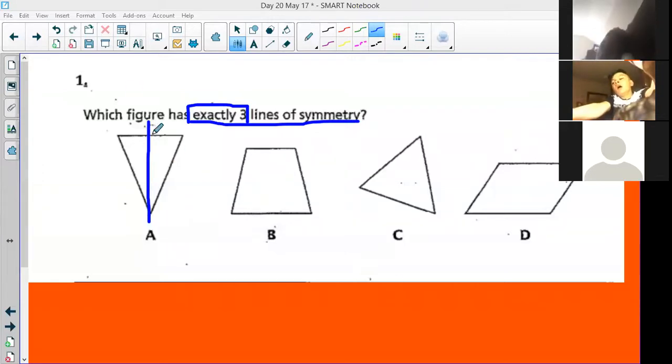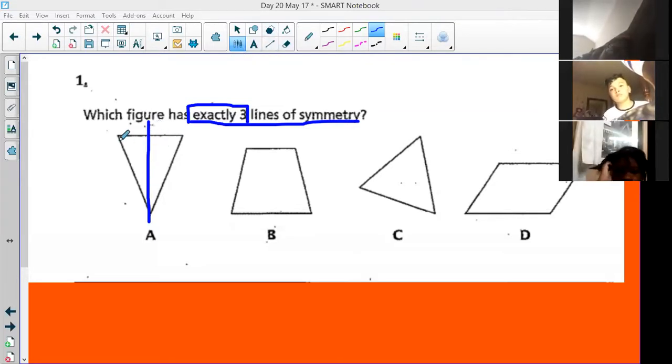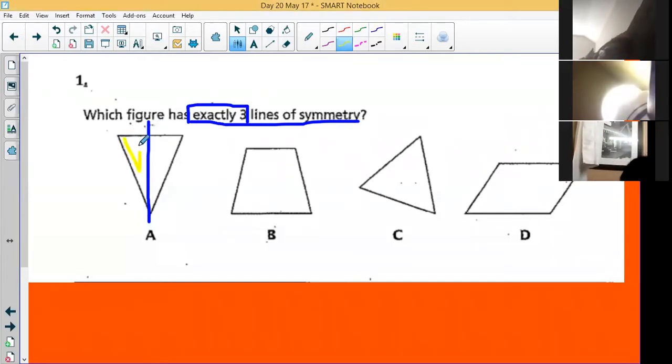All right, look at this side here. If I were to fold this on this line, does this side look like this side? My line's a little crooked, but yes, it does. So this would be a line of symmetry because if I were to color this in, this section here and color in this section here, do they look the same?